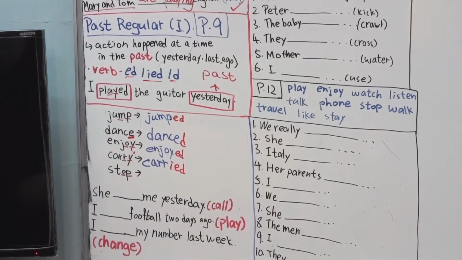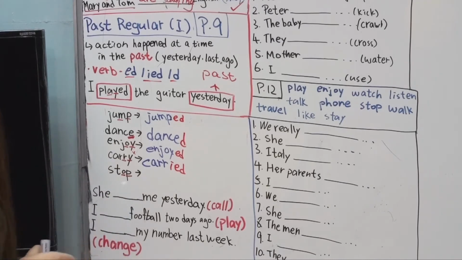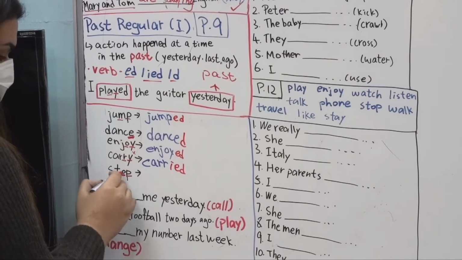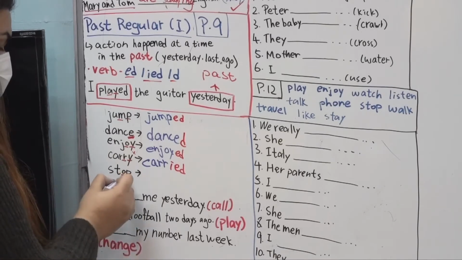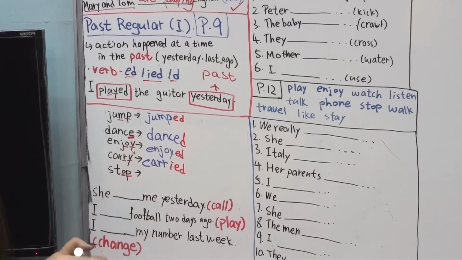All right. Now let's look at here. The verb stop. The verb stop ends with a vowel, right? O and P. A vowel and a consonant. So what do we have to do? We have to make a few changes, okay?